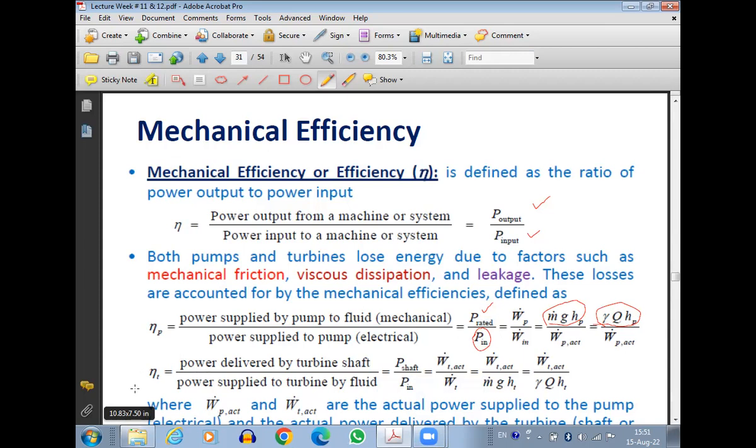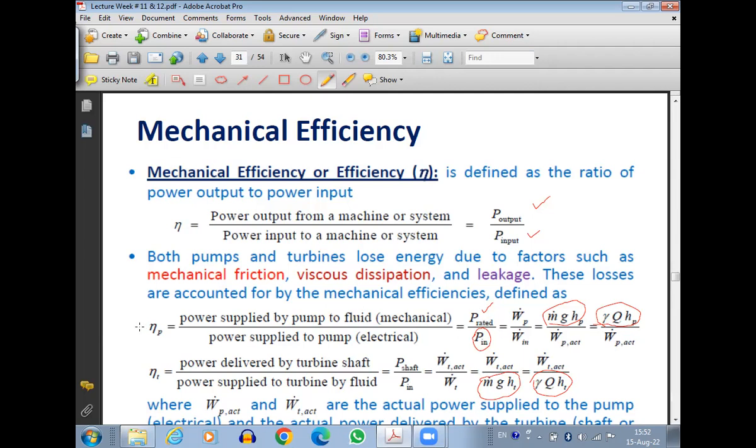In the case of the pump, the power output is the fluid power. So in the case of the turbine, the power input is basically the fluid power, and the power output is the electrical power or the mechanical power generated because of that. When we are talking about the efficiency of the turbine, it's again P output over P input, but in this case, in place of P input, we will have m dot g HT or gamma Q HT. And in the case of output, we cannot write it as m dot g H. Why? Because this is not the fluid power.